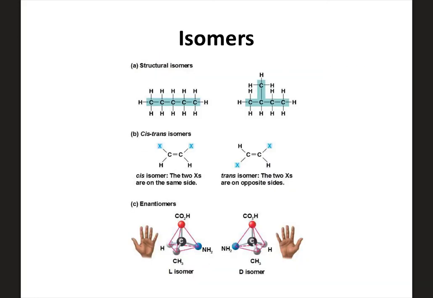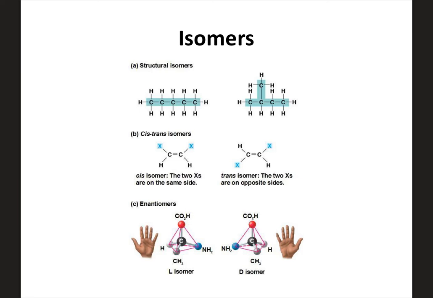You can see the three different types of isomers here that we looked at. Again, they are all going to have the same formula, but structural isomers are going to be different in the way they are attached. So maybe you'll see some branching taking place. Geometric isomers are when you have a difference in your 3D spatial arrangement. So cis would be when they're on the same side.